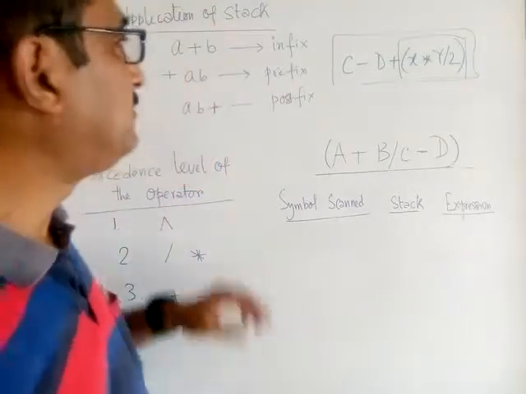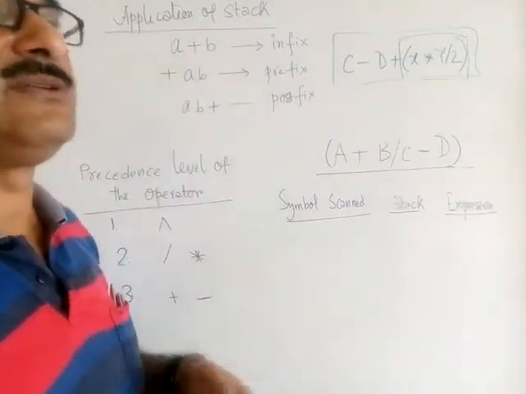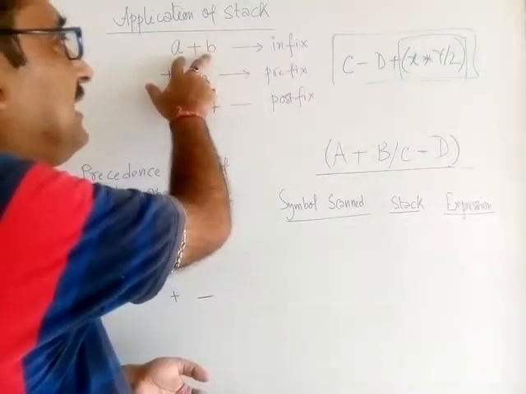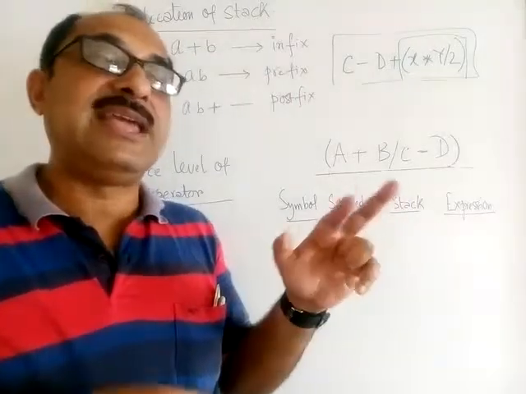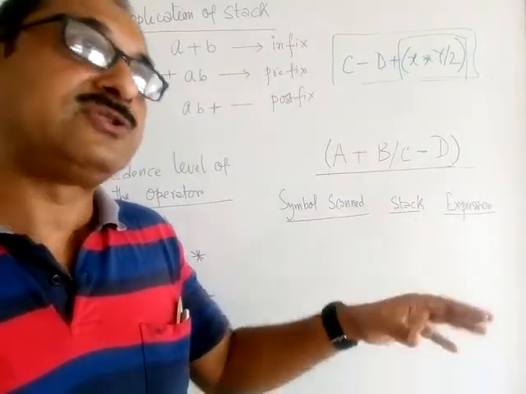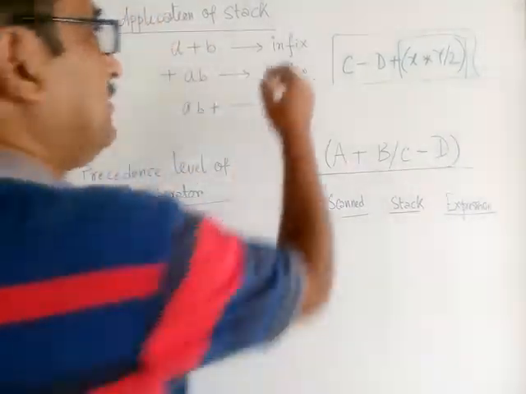What happens is, like in normal mathematical functions, arithmetic functions or algebraic functions, we normally write like this: a plus b. Okay, who are a and b? A and b are basically two variables, but also we can call them two operands.